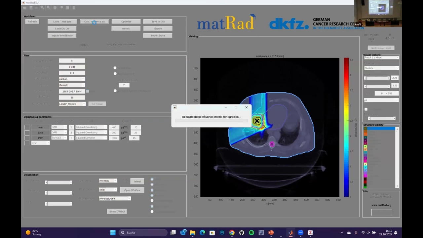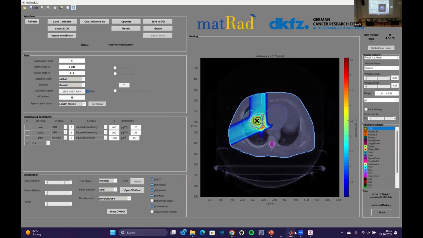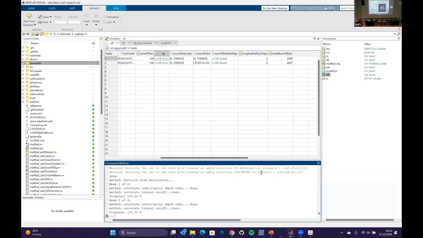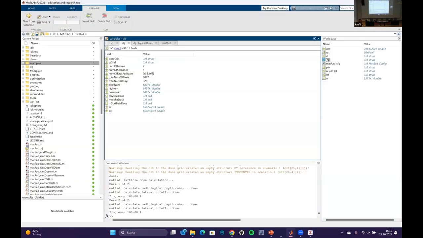We will now calculate ion dose, and this will take a little bit longer because we need to incorporate these biological models. If you are a MATLAB user and look into this one data structure that stores the matrix, you will actually observe, let me quickly go there, that here, where before we had this matrix for the dose, you also have matrices for alpha dose and beta dose, which are the linear quadratic components.